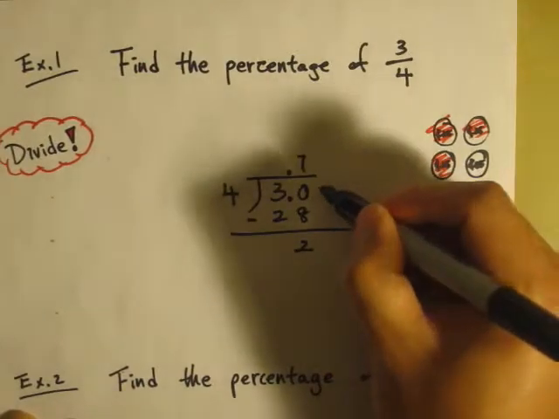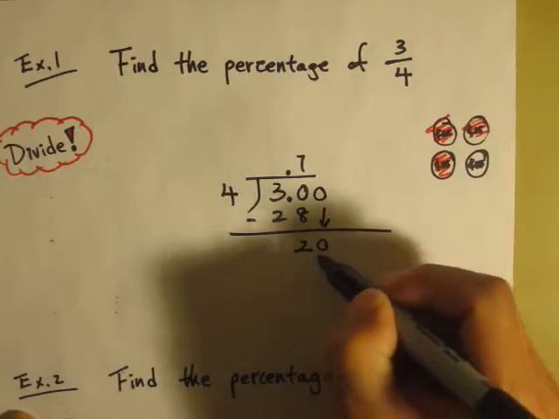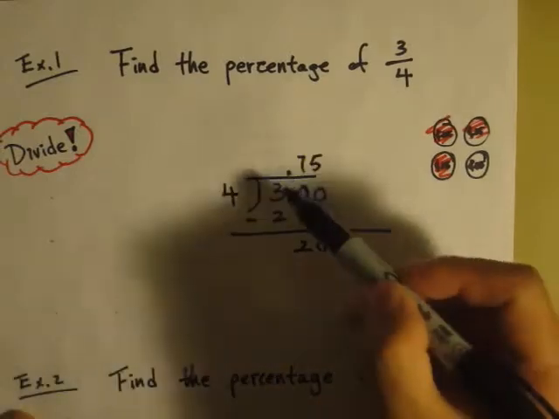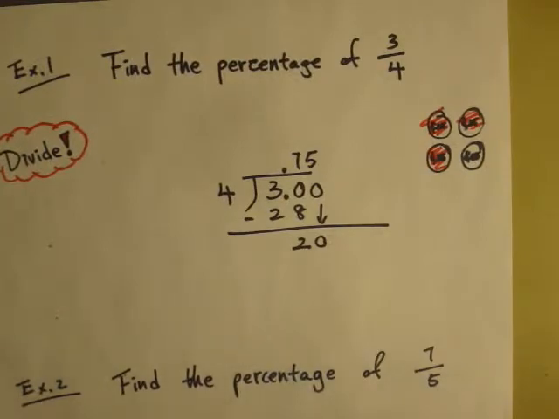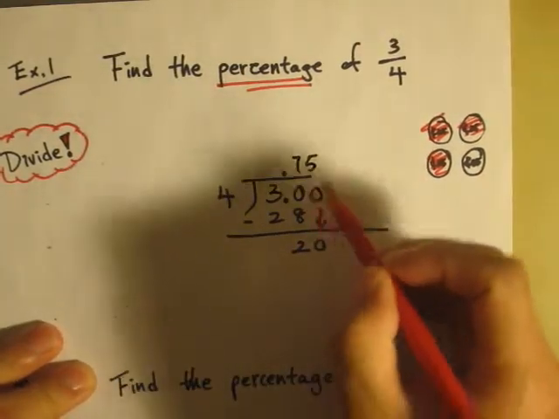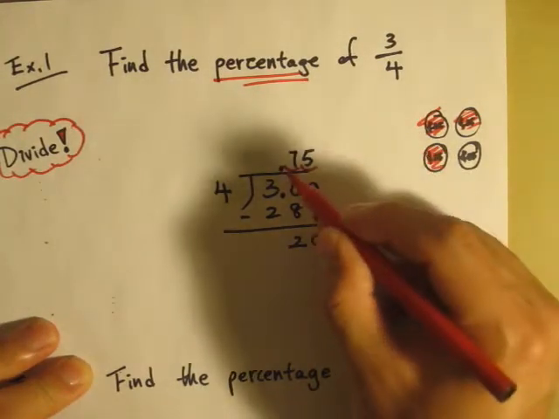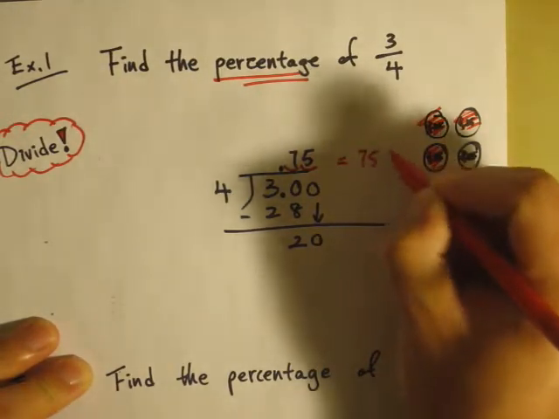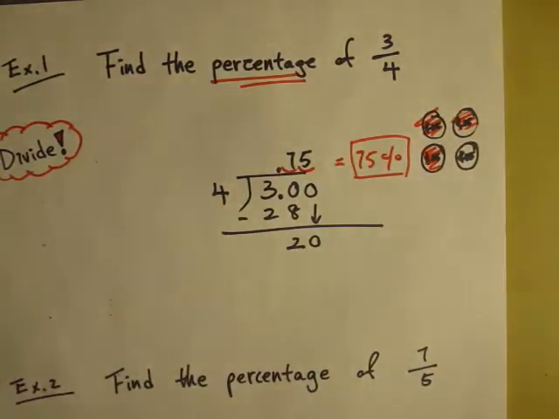We can keep going, add another 0, pull it down. 4 goes into 20 how many times? 5 times. So now we have 0.75, and because we're asking for a percentage, we have to convert the decimal into a percent by moving the decimal to the right 2 times. So this is going to be 75%. So 75 cents of $1 makes up 75% of $1.